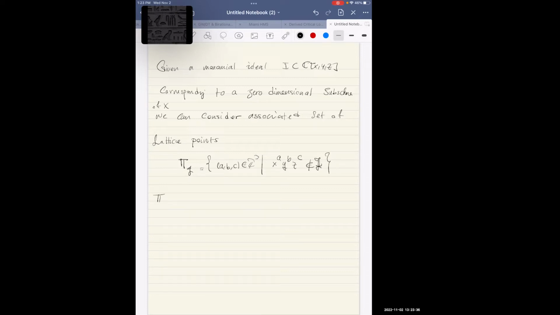This defines a three-dimensional partition.